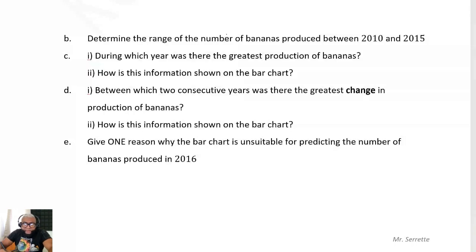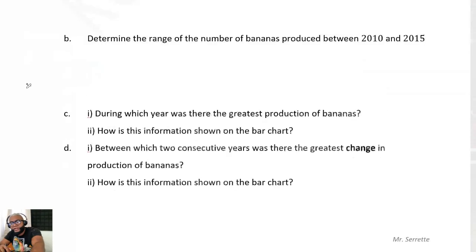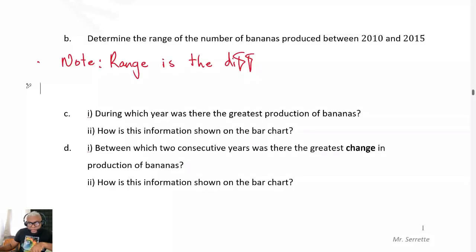Determine the range of numbers. This is supposed to be the range of the number of bananas produced between 2010 to 2015. Do you all know what the word range means? The total. No. Right.